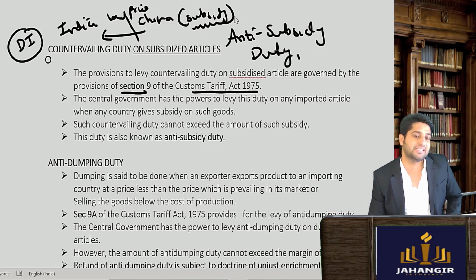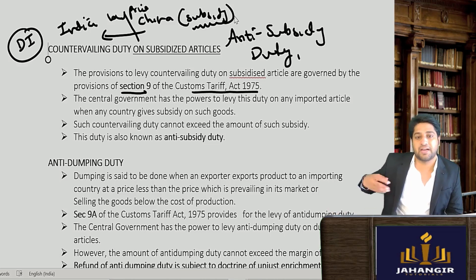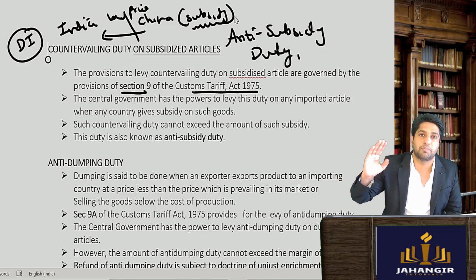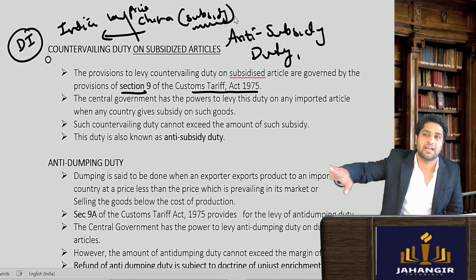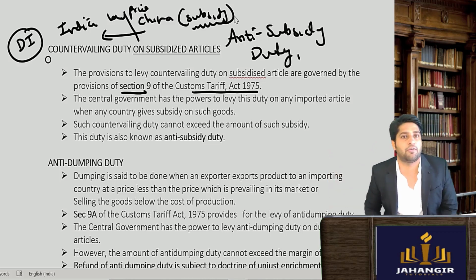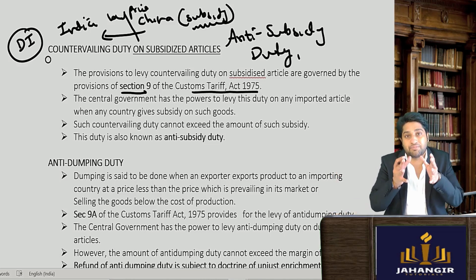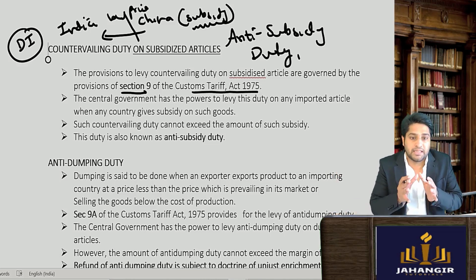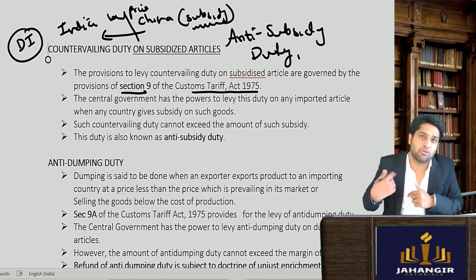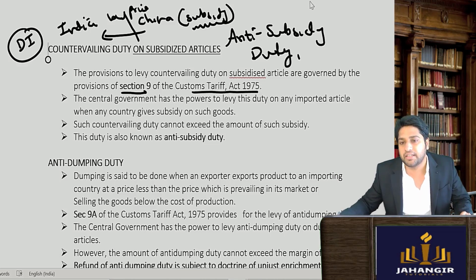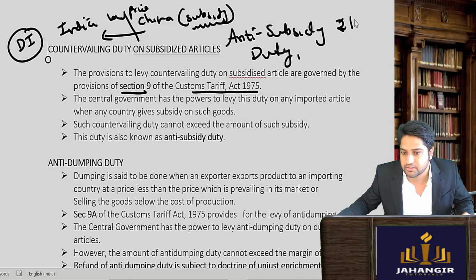ठीक है? So is this correct? Why do you think the country is giving a subsidy to its people? Because subsidy is a financial benefit given to the people, and they are saying go and sell at a lower price, destroy their domestic industry. Now since a subsidy is involved, the government can take countermeasures: कि कितना subsidy दे रही है आपको, per product 10 rupees.